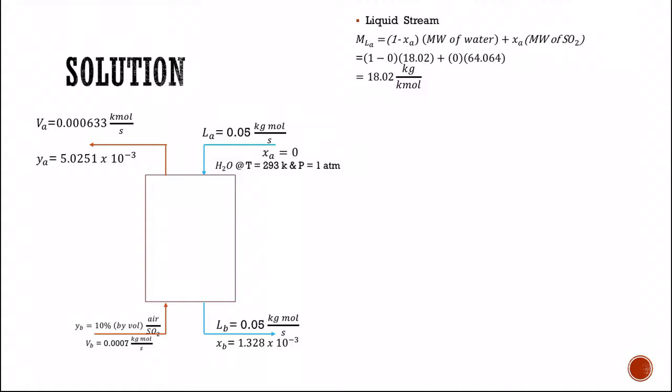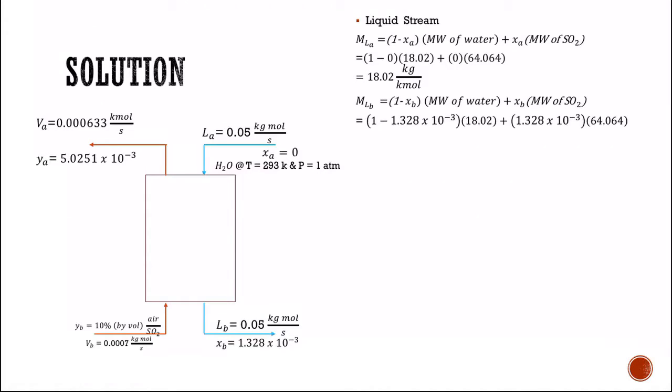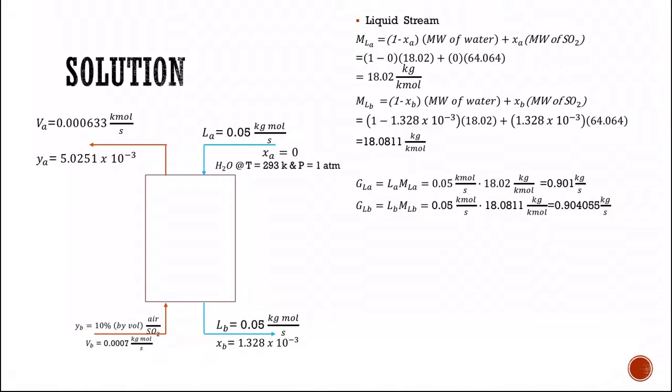At the liquid stream, we will use the same procedures to get the molar flow rate and the molar weight at the product liquid and at the feed liquid. We get 18.02 kg per kilomole and 18.0811 kg per kilomole.